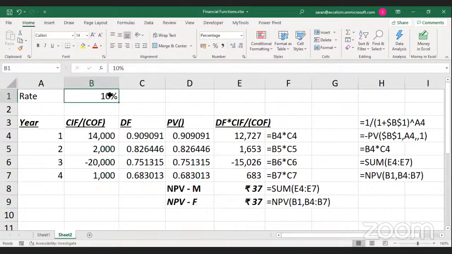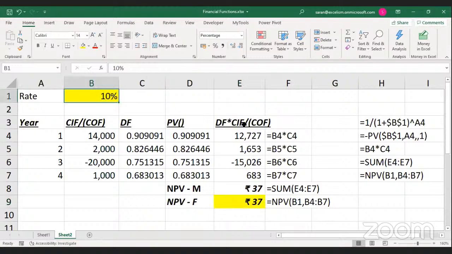But if I want to make it 0, could you please tell me what must be the rate here? That concept is nothing but the IRR. Instead of myself changing the value, what I can simply do is write a formula here called IRR, so that IRR exactly tells us what must be the rate so that you can get the NPV as 0.